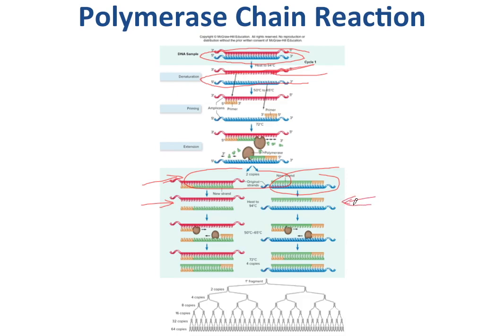Then it decreases the temperature to 50 degrees to allow the primer to attach to the denatured DNA strand, and then raises the temperature to 70 degrees to allow the DNA polymerase to replicate the DNA fragments. The PCR device can repeat this cycle again and again until 30 cycles, and then we have tons of replicated DNA fragments.